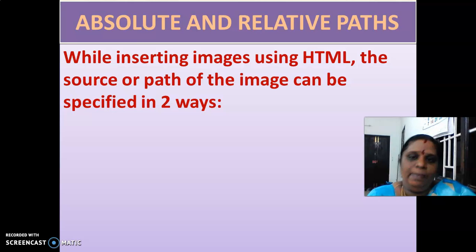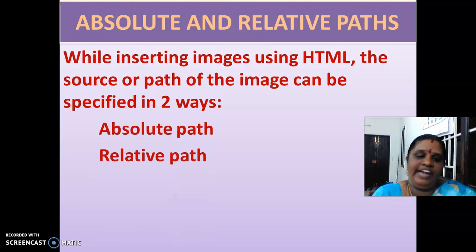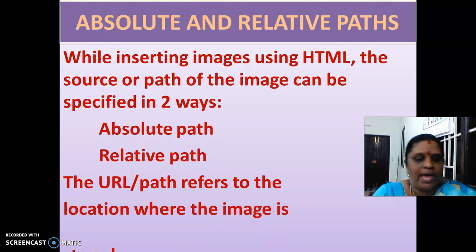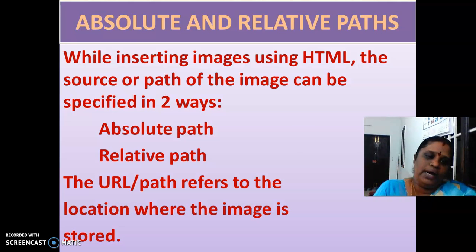So, while inserting images using HTML, the source or path of the image can be specified in 2 ways: absolute path and relative path. The URL or the path refers to the location where the image is stored.